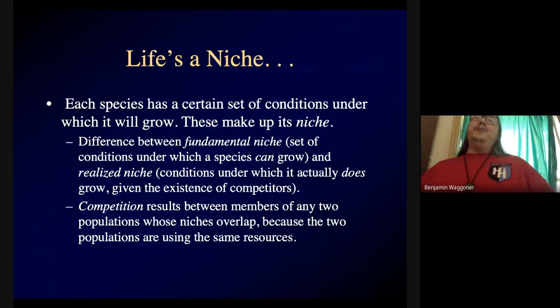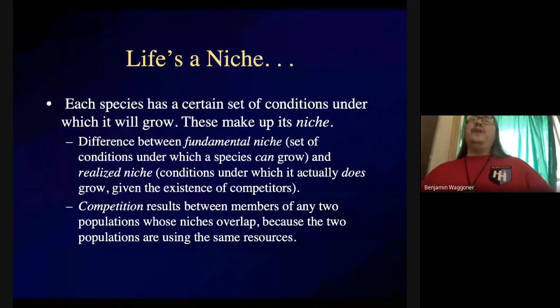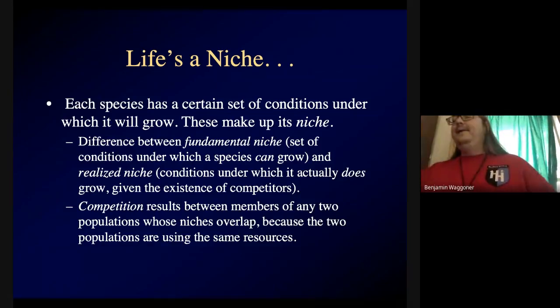And then every species has a set of conditions under which it will grow. And you can see this if you go to any store with a garden department. You could go to the plant outlet on Hogan Road. What a buy, what a buy. Or go to Lowe's or Home Depot or something like that. And if you buy a plant, let's say you buy a tree for your yard, the tree will come with a tag telling you what conditions the plant needs.